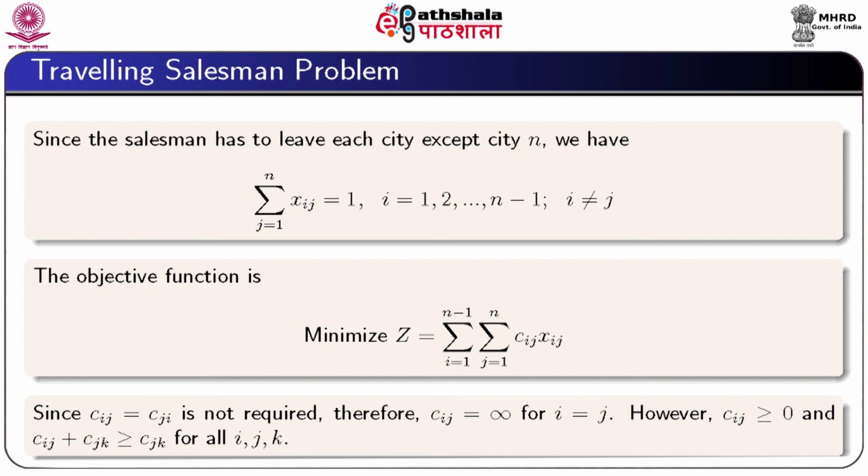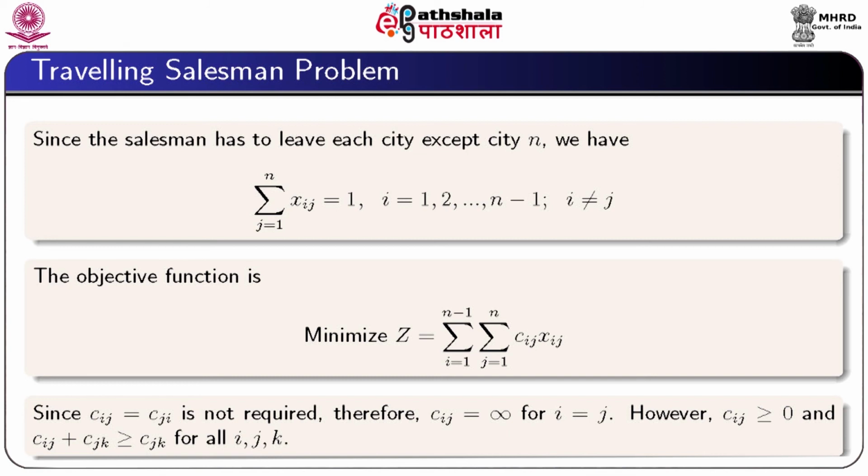Thus, the objective function is minimize z equal to summation i equal to 1 up to n minus 1, summation j equal to 1 up to n Cij Xij. Since Cij not equal to Cji, this condition is not required, therefore, Cij equal to infinity for i equal to j.